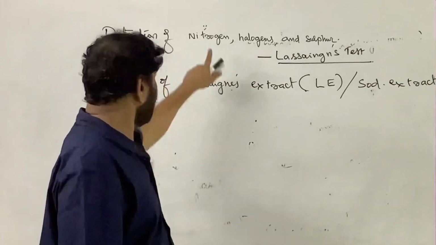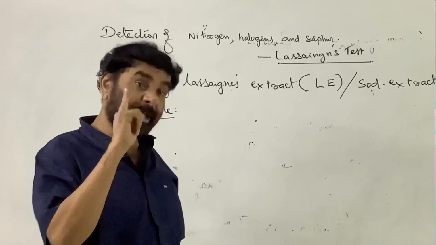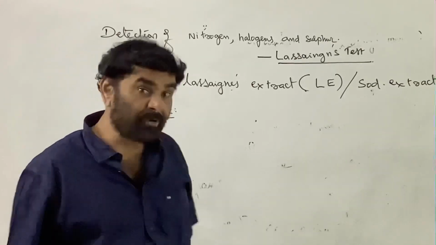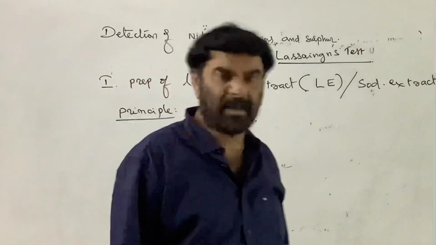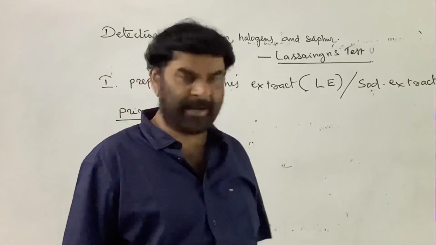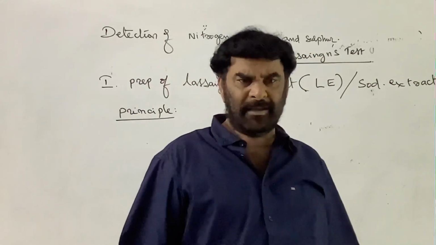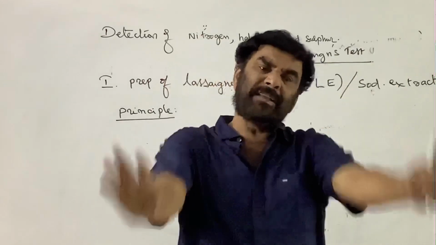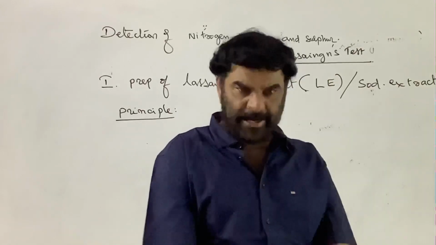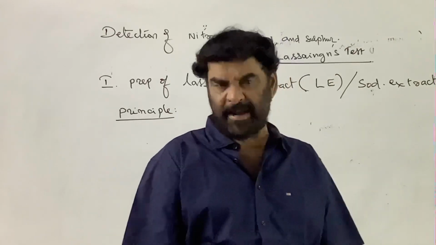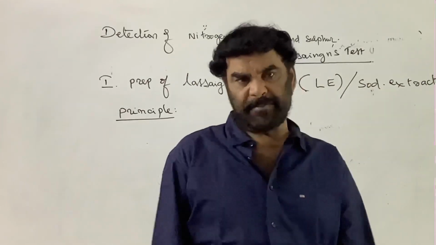Ultimately, nitrogen present in the organic compound is detected by converting the organic nitrogen into cyanide ion, halogens into halide ions, fluoride, chloride, bromide, iodide, and sulfur into sulfide ion. In inorganic chemistry, there are standard tests for cyanide, standard tests for the halide ions, fluoride, chloride, bromide, iodide, and there is a standard test for sulfide ion.